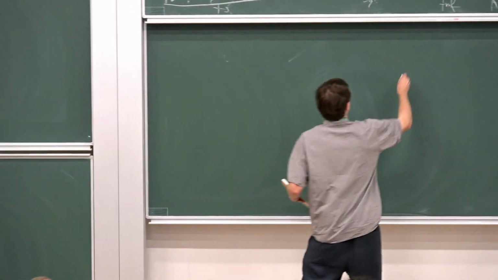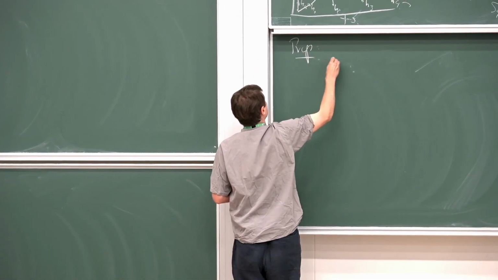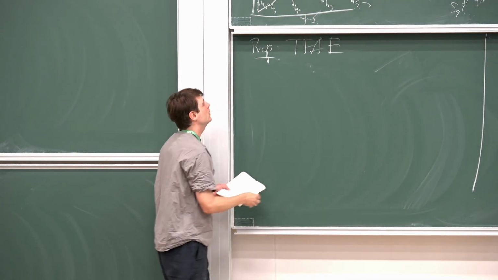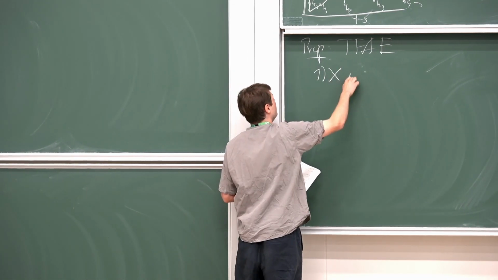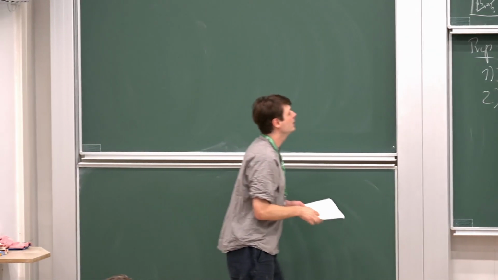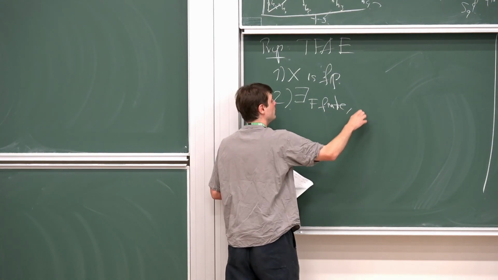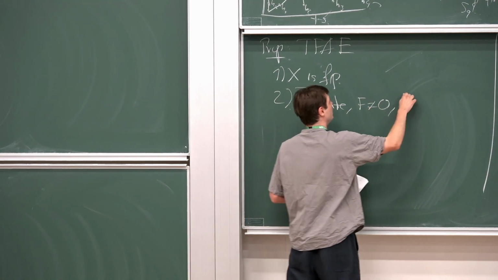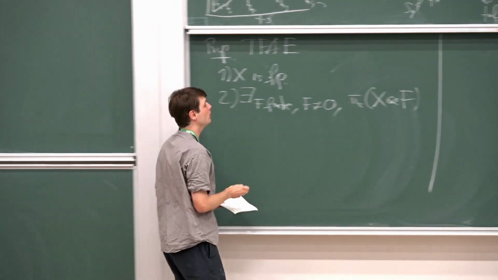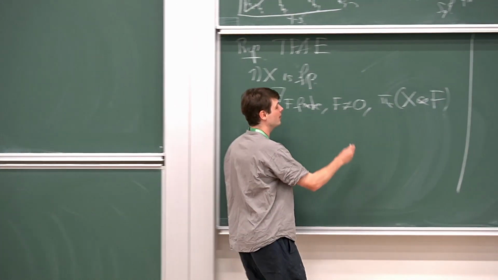This is the proposition due to Mahowald and Rusk from the original paper: the following are equivalent for a p-complete bounded below spectrum X. X is FP, or a second condition, now in terms of homotopy groups: there exists a finite non-zero F such that if you look at the homotopy groups of F tensor X, these homotopy groups are finite.